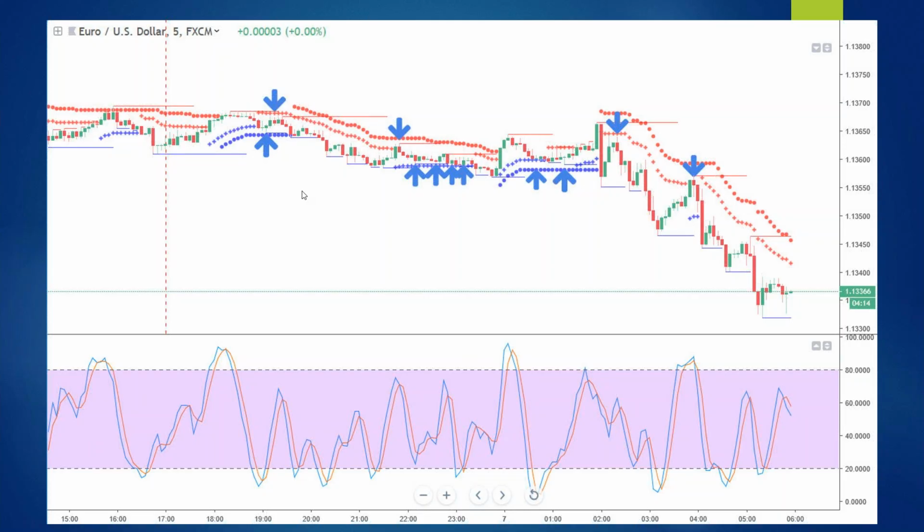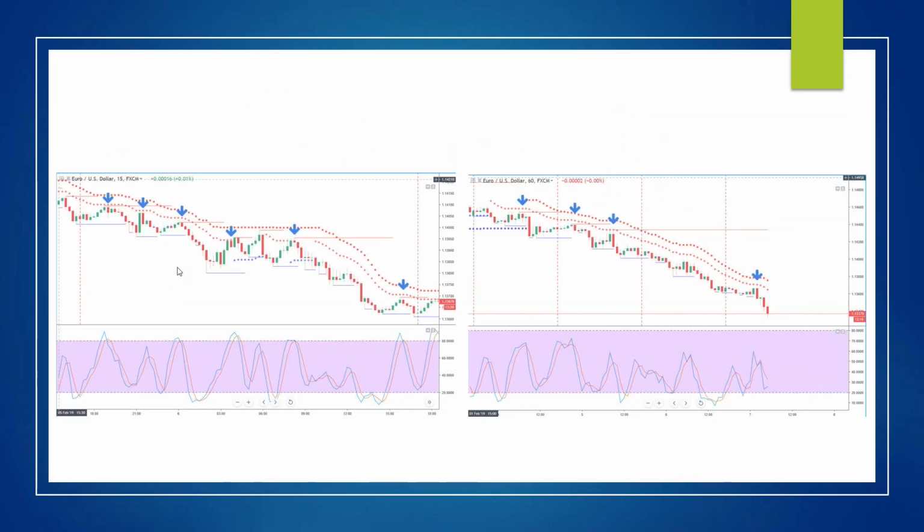Okay. Now we're going to take that same chart and we're going to look at it from a 15-minute standpoint. You're using the same entry. Okay. You want price to come back to the plus sign and form a bearish bar. You have 3, 4, 5, 6 entries on a 15-minute chart.